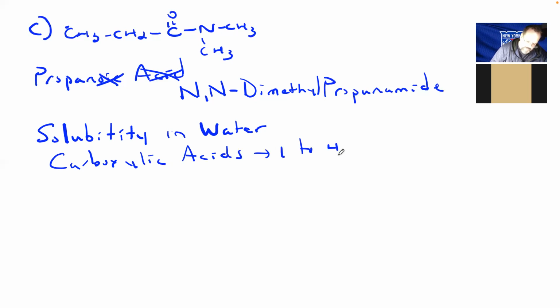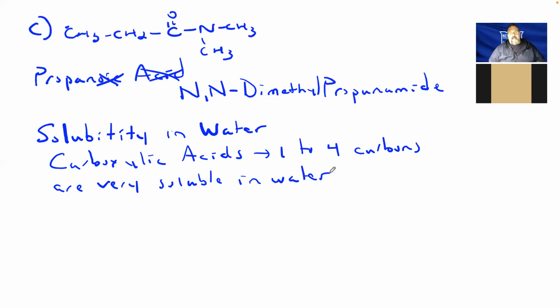The ones with 1 to 4 carbons are very soluble in water. Now remember, back from chapter 12, what was the key question that we sort of have to ask ourselves to determine whether a small organic compound is going to be soluble in water or not?